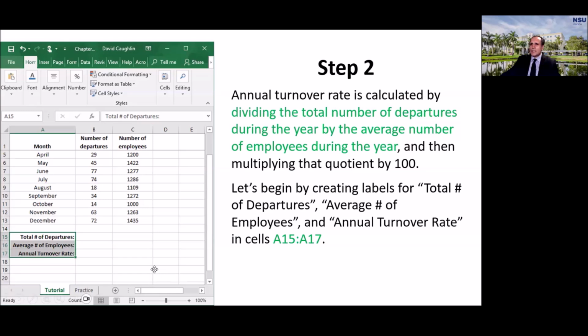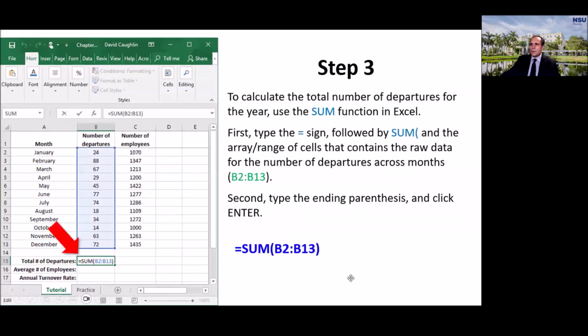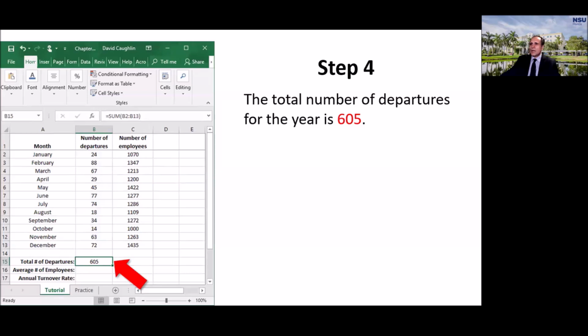In order to get the first data, the total number of departures for the year, simply look at the column for the number of employees from January all the way till December, and we would sum them up. In this case, you would put an equal sign, then SUM, and then B2 all the way to B13. That should give you a number. In this case, it should be 605.